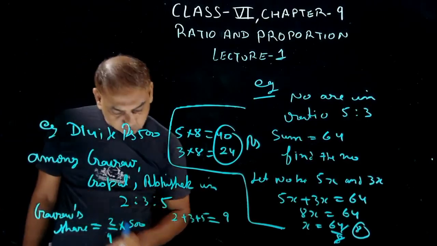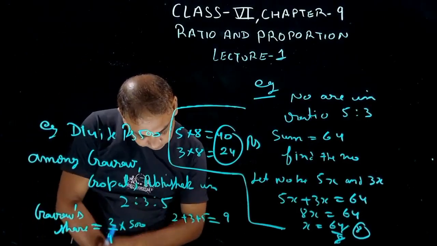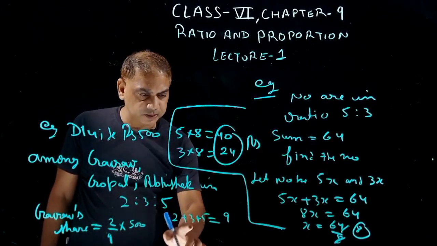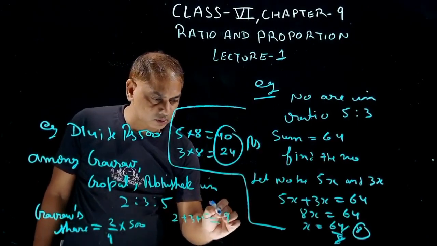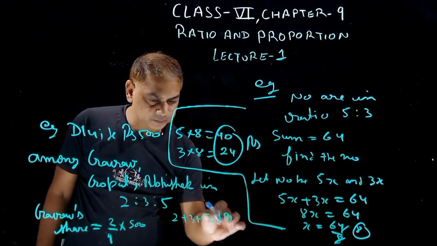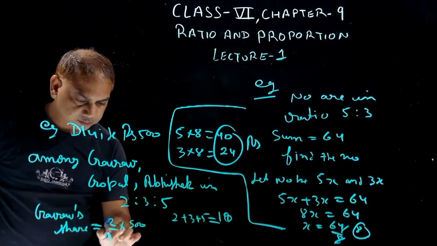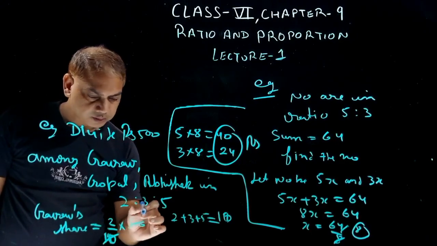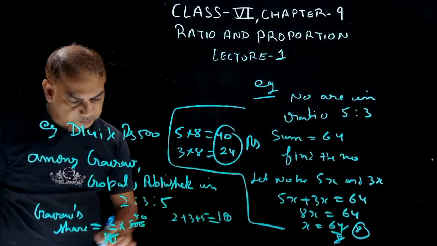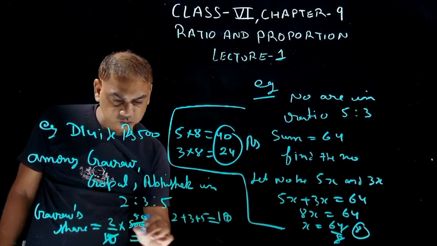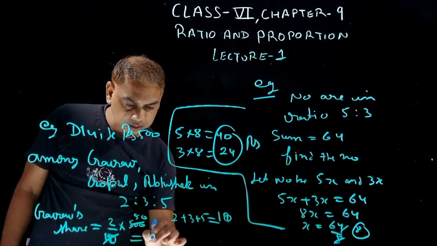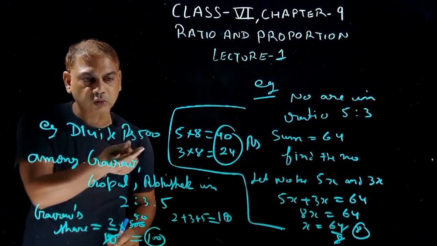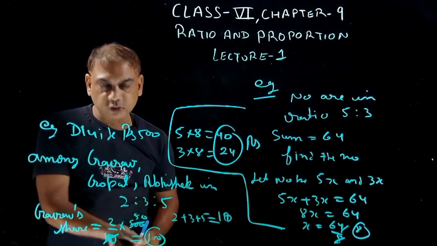Total is 10 students. Okay. Now cancel out 10, 50. So Gaurav's share will be 5 2s are 10, 50 2s are 100. So out of 500, Gaurav's share is rupees 100.